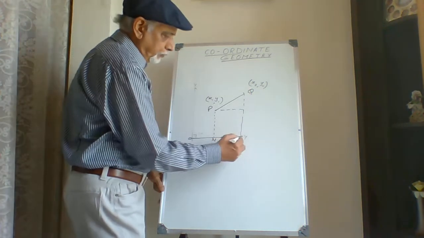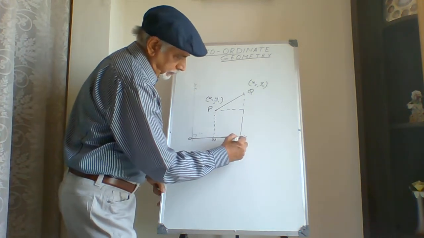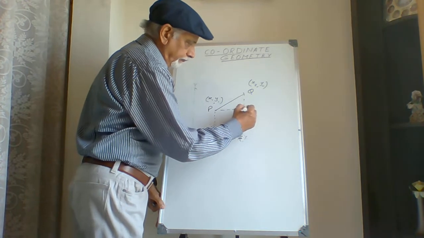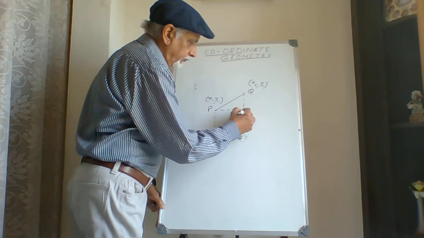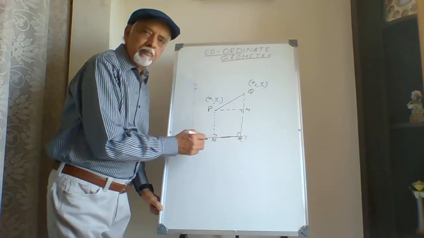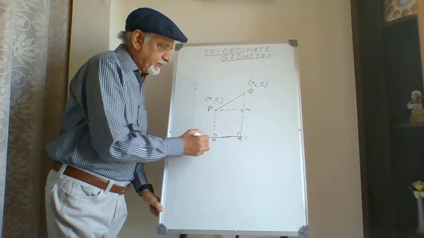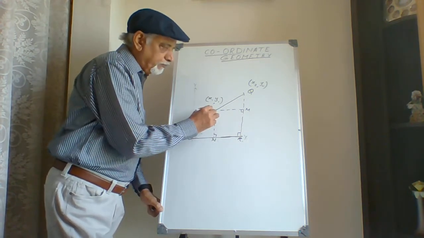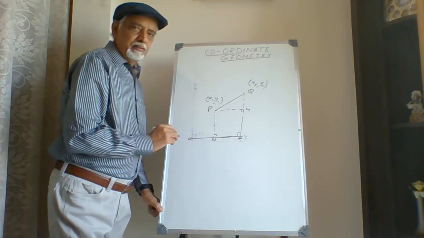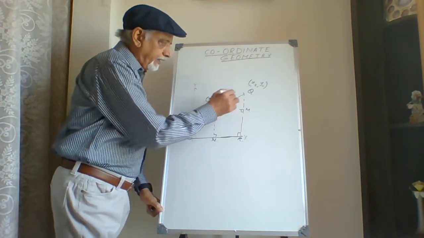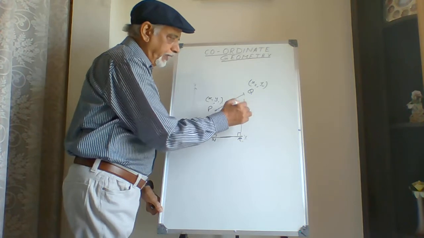And let Q be QR, and let this be M. These are all 90 degrees because I have drawn a perpendicular from point P on the x-axis, a perpendicular from point Q on the x-axis, and again a perpendicular from P on the line QR. You understood this? So I created a right angle triangle which is called PQM.